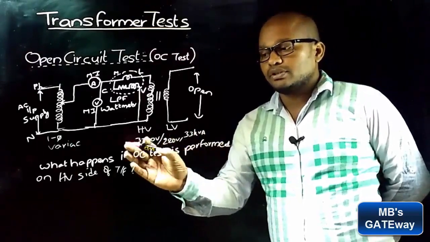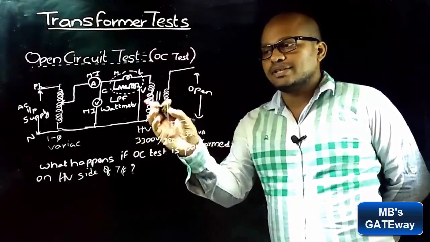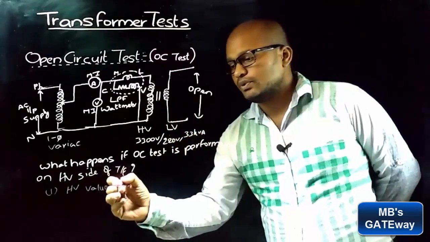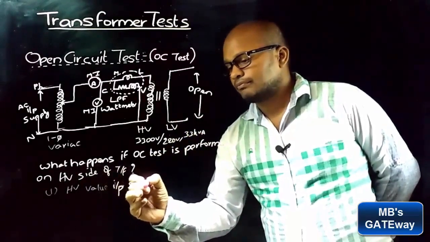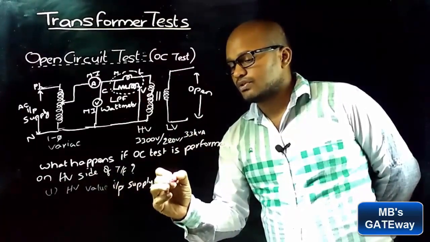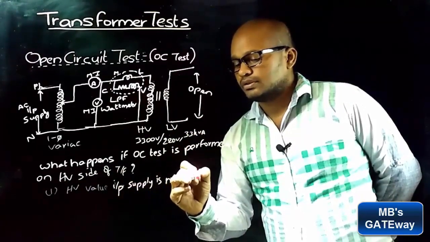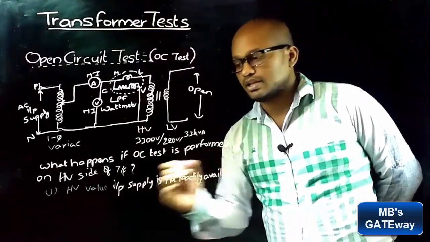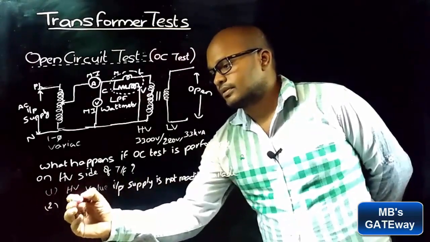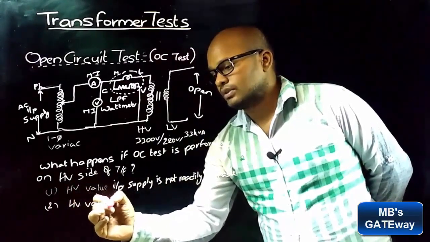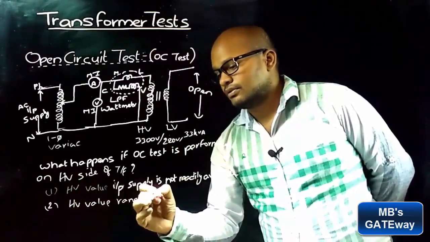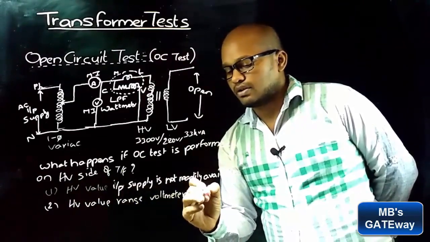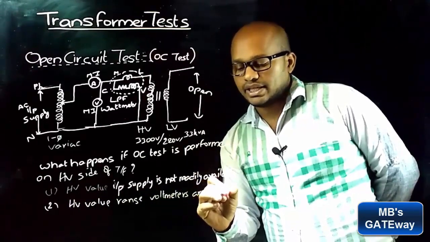Therefore, the following are the problems that we face if the test is performed on the HV side of the transformer. First, the HV input supply is not readily available. Second, HV range voltmeters are not readily available.